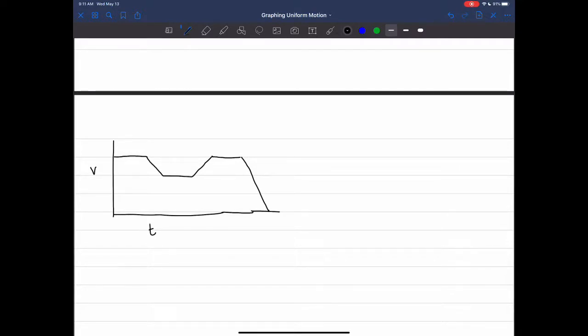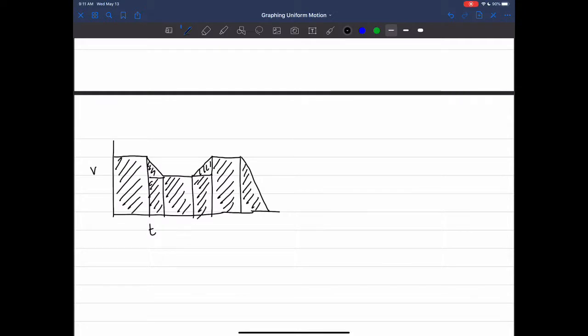When that happens, you can see how the calculation becomes more complex, where you have to do all of these separate calculations, this one, this one, that one, okay? And then you have to add them all together. You could figure out the distance that the object traveled during that time as its speed changed. All you'd have to do is calculate all those separate areas and then add them together. Okay, so that's just an example. We're never going to get to that sort of complicated.